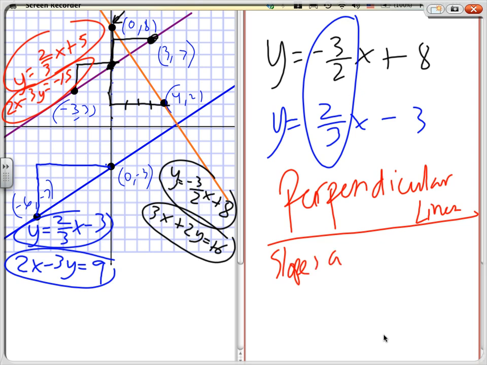For perpendicular lines, you notice that the slopes are what? Opposite. Slopes are opposite and reciprocal. Do you see that?